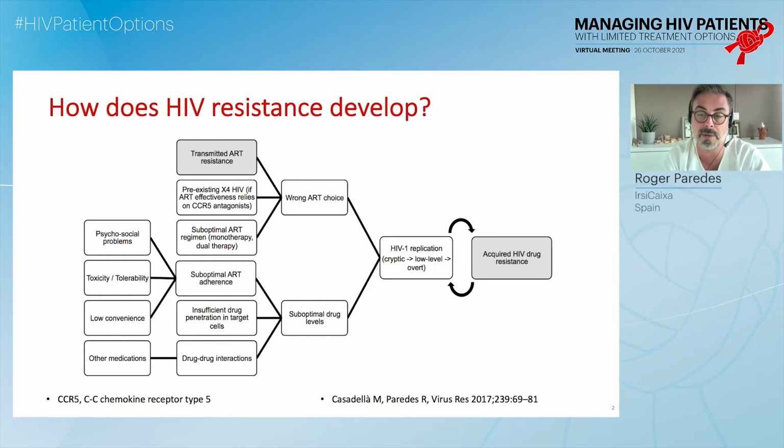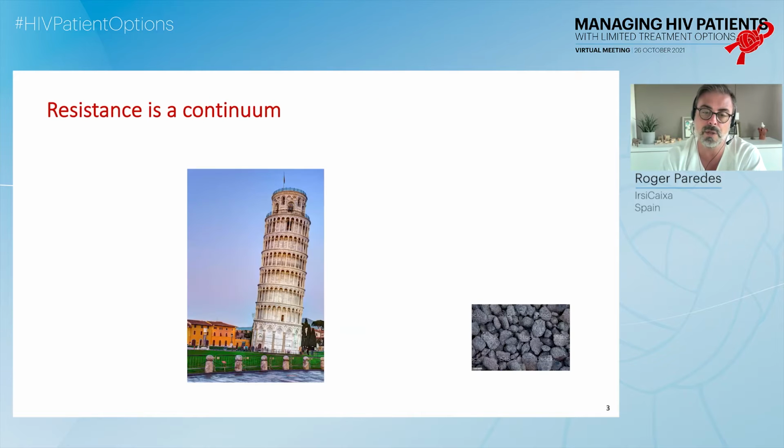And when HIV-1 replicates, such replication is usually associated with the accumulation of drug resistance or additional mutations, leading to increased drug resistance. So resistance is a continuum, and I think we can see it in this example.